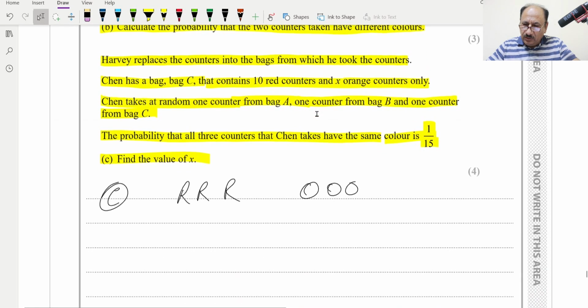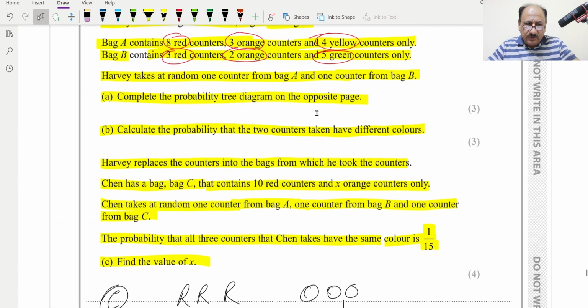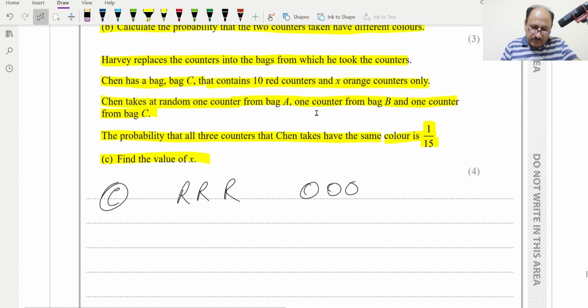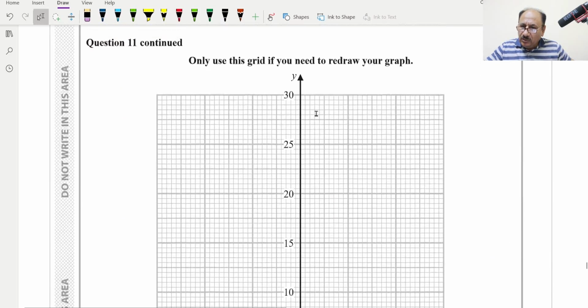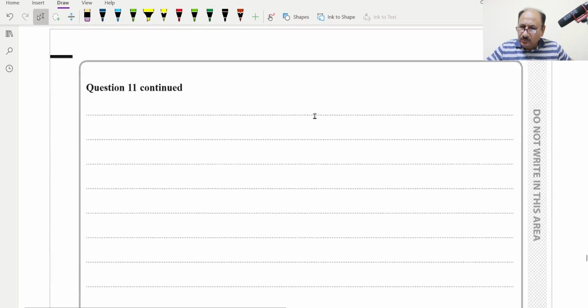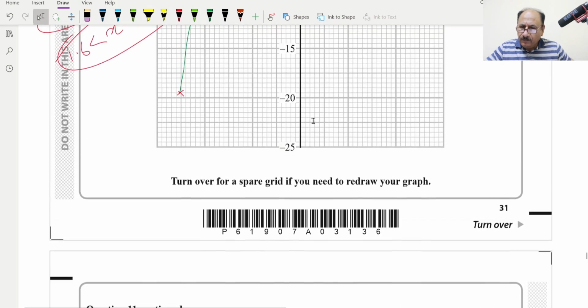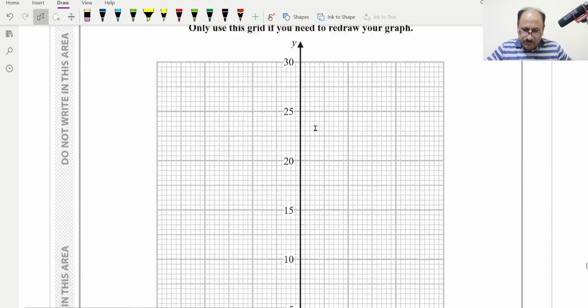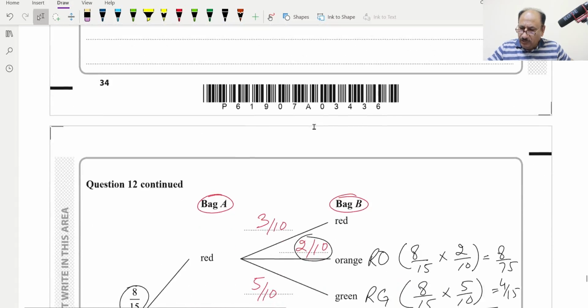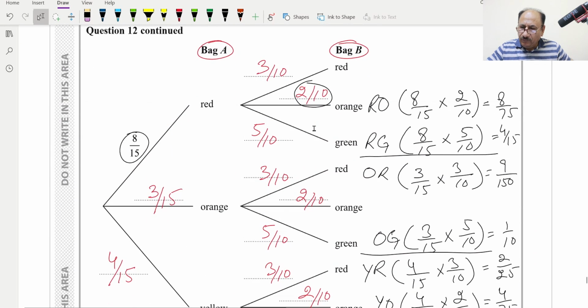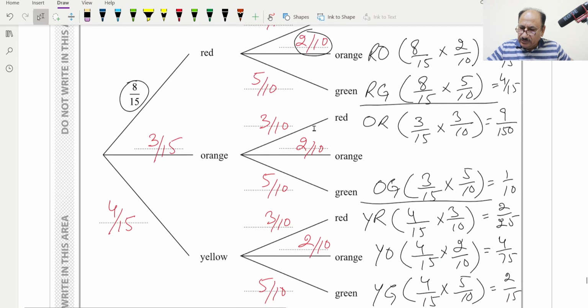And for this one we can check for red, which is having 8 over 15 into 3 over 10, which we have taken over here, basically from the previous part B, because it's having one more.